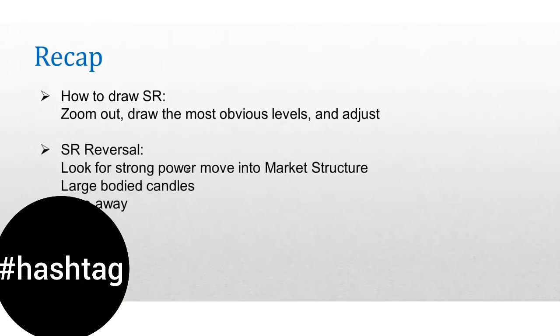Second thing, support resistance reversal. You want to look for a strong power move into market structure. The larger the candles, the better it is, because as I explained earlier, you don't have opposing pressure to push the trade against you, and also when breakout traders cut their loss, it would result in a very swift reversal.